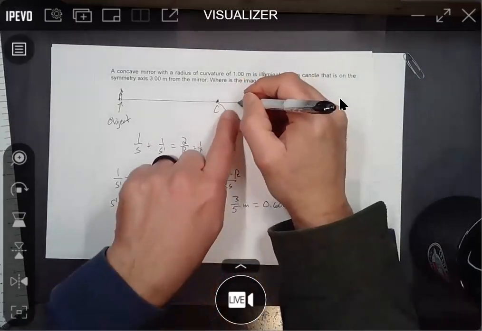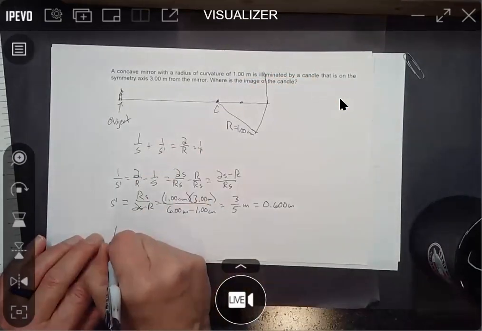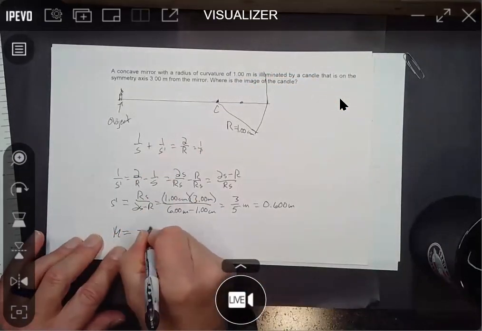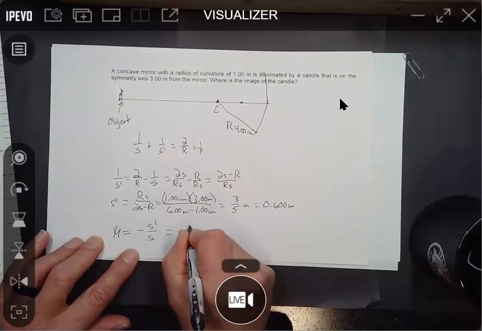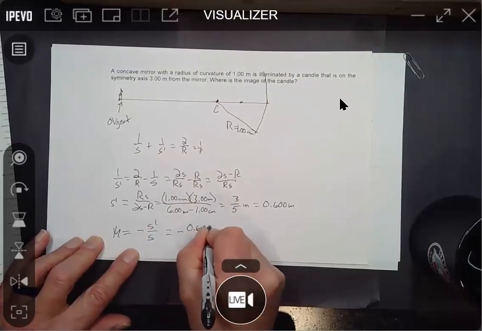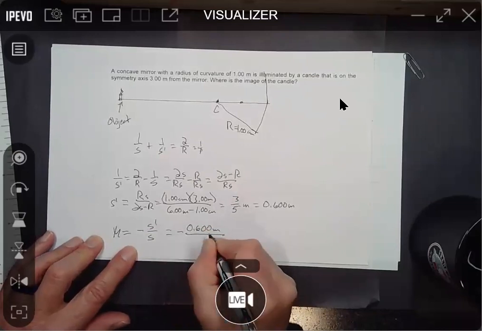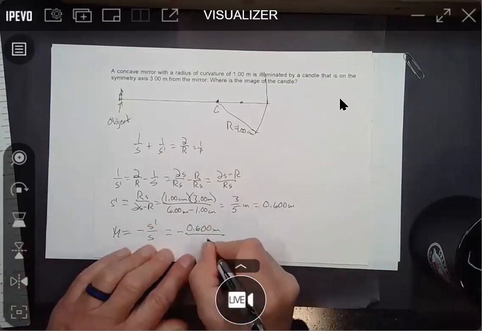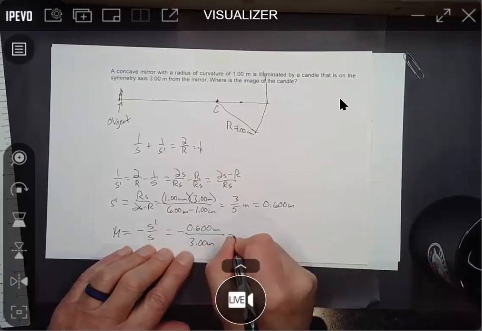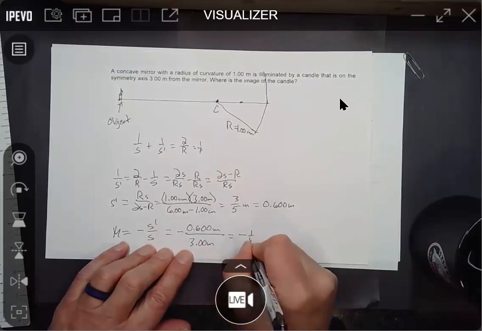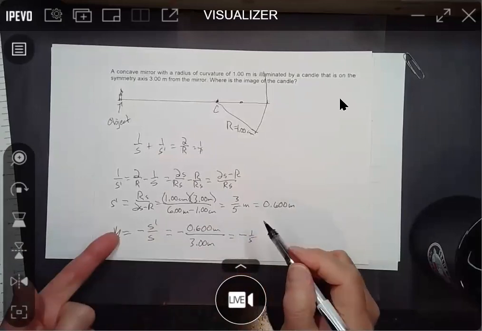The magnification in this case, minus S prime over S, is going to be minus 0.600 meters divided by 3.00 meters, which is minus 1/5.